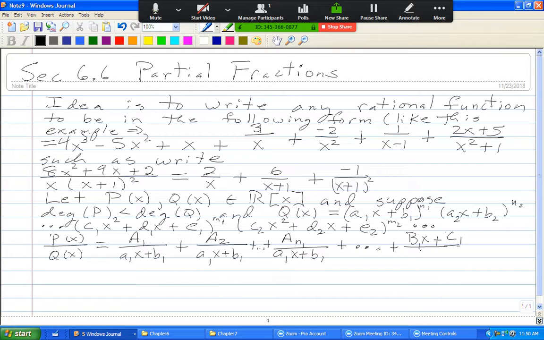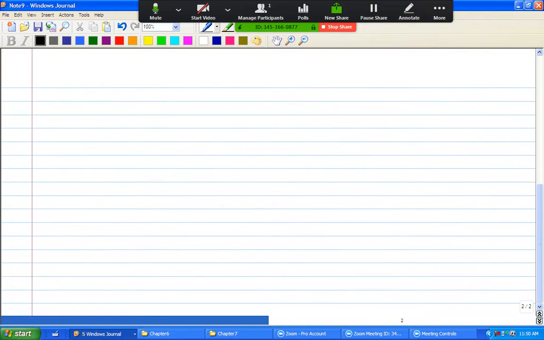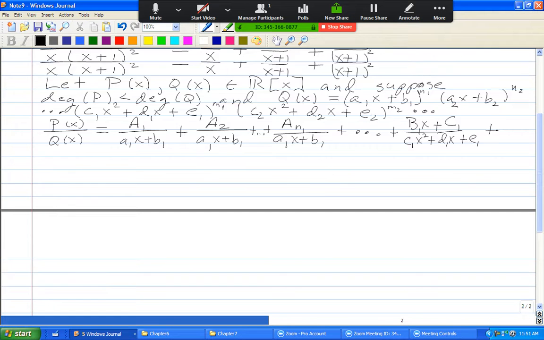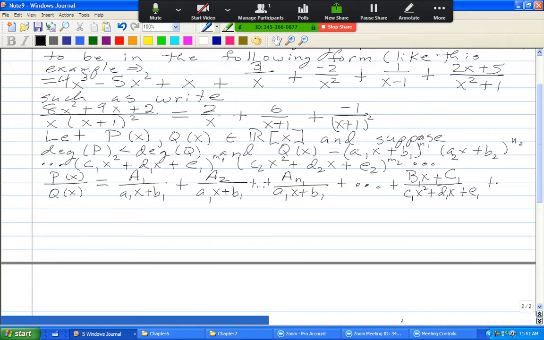Make sure that's equal to C1x squared plus D1x plus E1, plus, and then you'll have M1 of those.